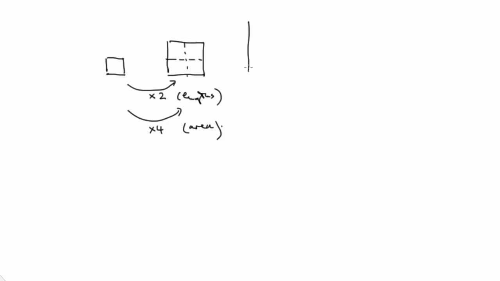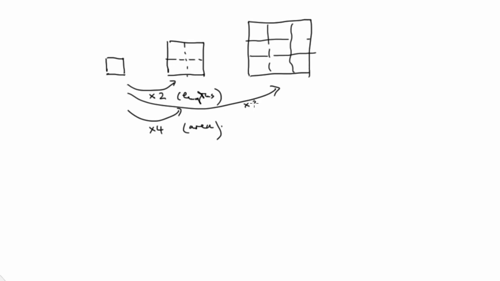If we think of one where the side lengths have been multiplied by 3, area has been multiplied by 9. So times 3 for the lengths, times 9 for the area. This is the square of the length scale factor. 3 squared is 9, 2 squared is 4.